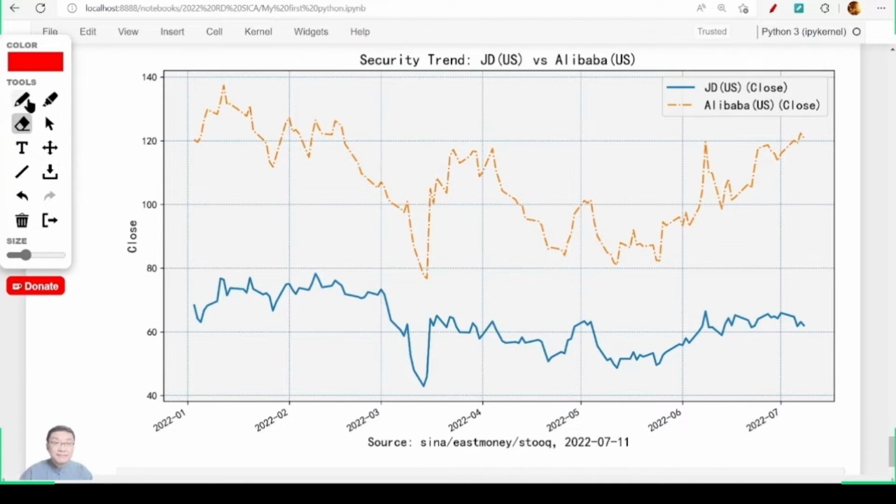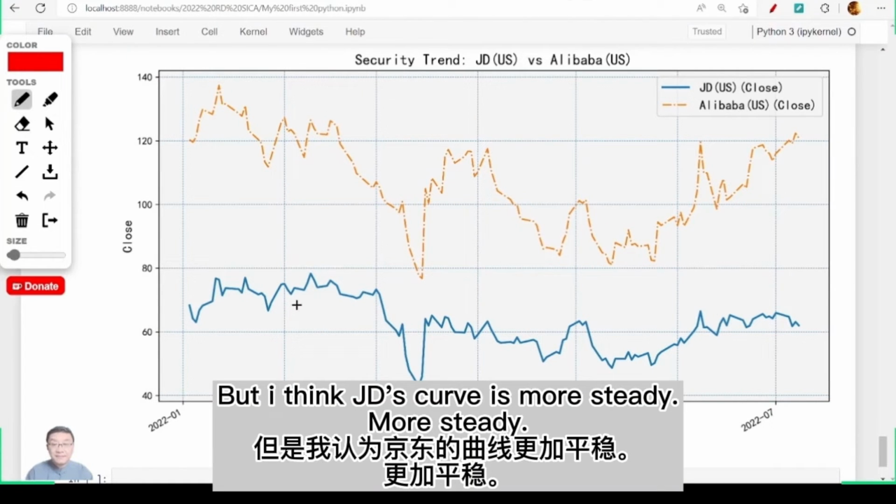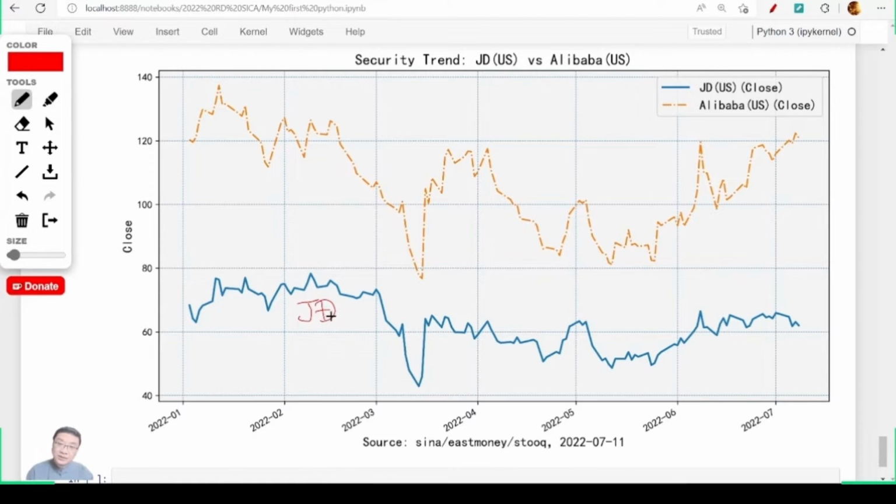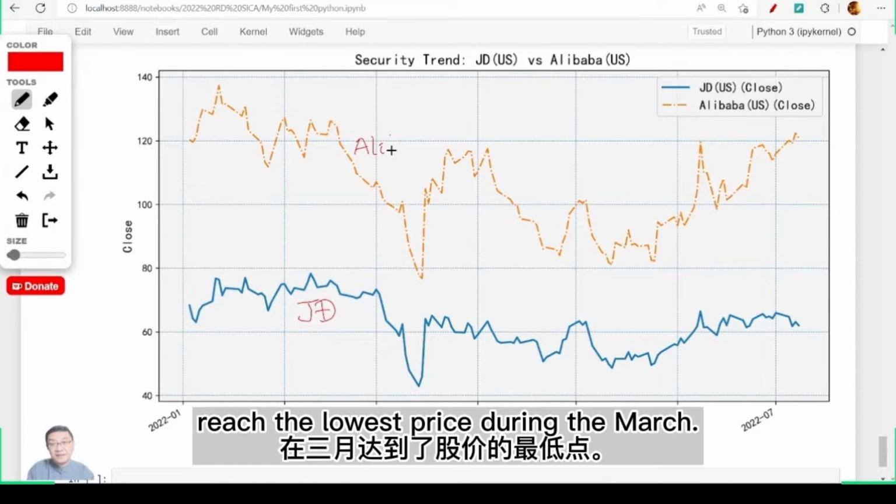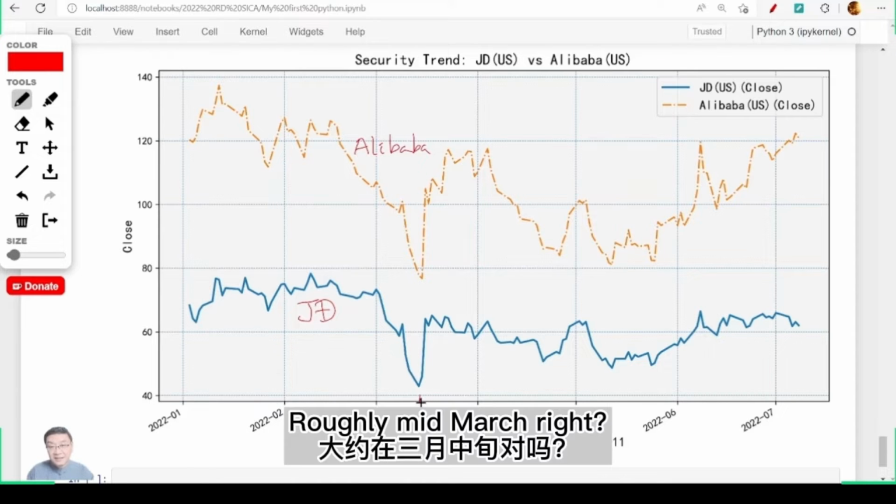But I think Jingdong's curve is more steady. And they both reach the lowest price during March, roughly mid-March, right? Yeah, roughly mid-March.